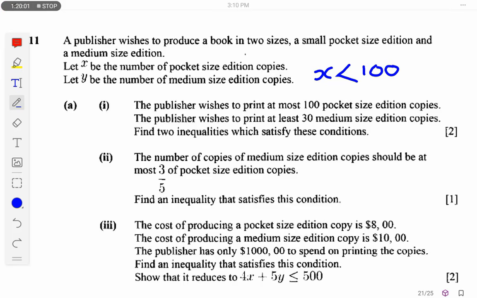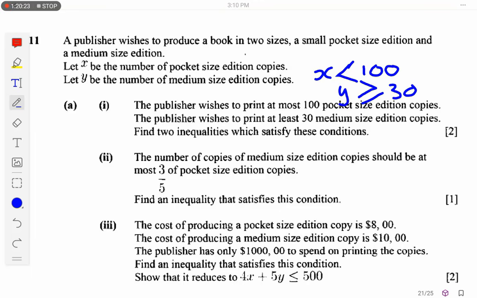We don't want more than 100. Then the other one is saying the publisher wishes to print at least 30 medium. So at least means we want a minimum of 30 and above. So for the second one, it will be y is greater than or equal to 30.